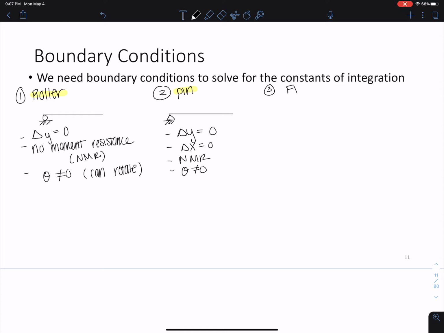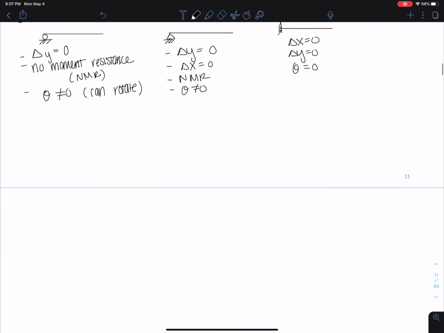Okay, next we have fixed supports. We typically draw that as a straight line like this. We know we can't move in the X, we know we can't move in the Y, and we know that we can't rotate. Okay, pretty easy.